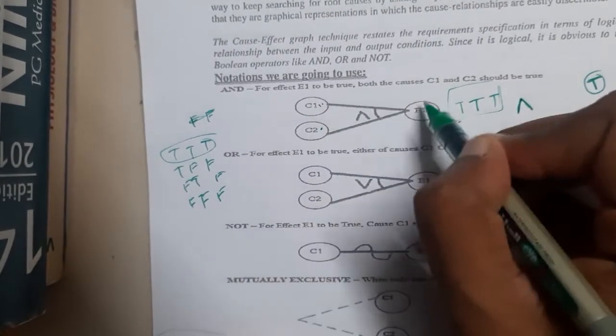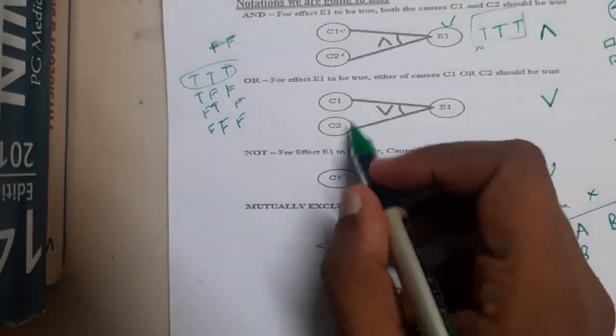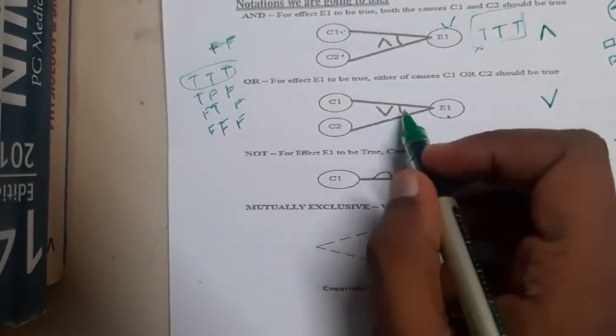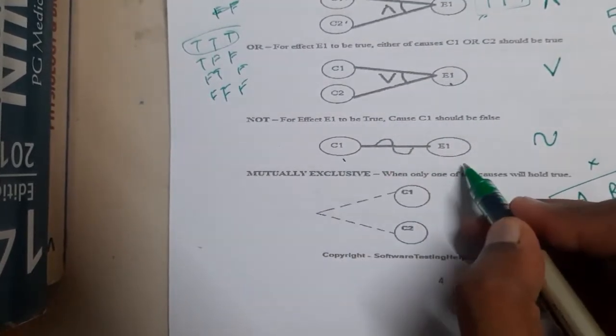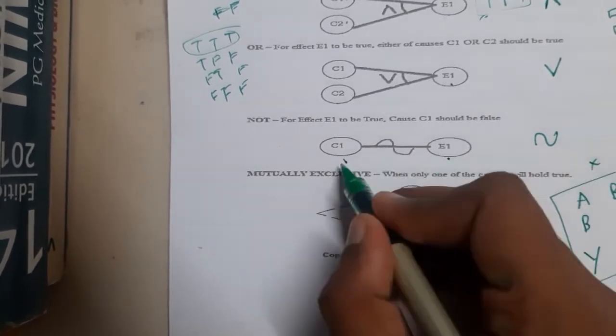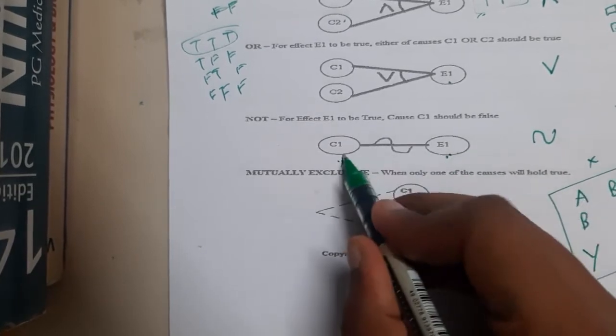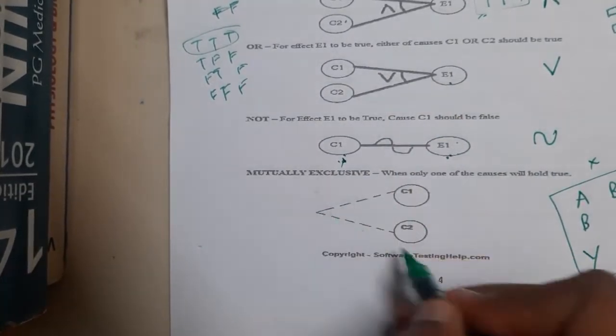If both are true, this will be executed. Similarly, for OR, if any one of them is true, it will execute. Everyone knows OR logic. For NOT, if it is true, it will not execute. If it is false, it will execute, the opposite. Mutual exclusion you will represent with dots.